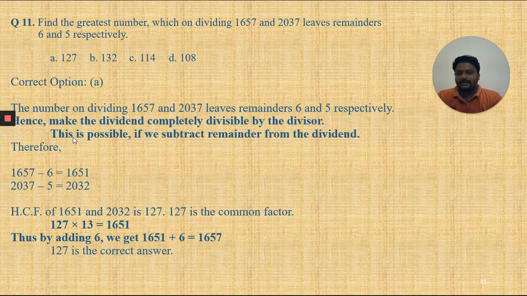Hence, we make the dividend completely divisible by the divisor, so we subtract the remainder from the dividend. Therefore 1657 minus 6 is equal to 1651, and 2037 minus 5 is equal to 2032. The HCF of these two values, found using the factorization method or division method, gives the answer 127.